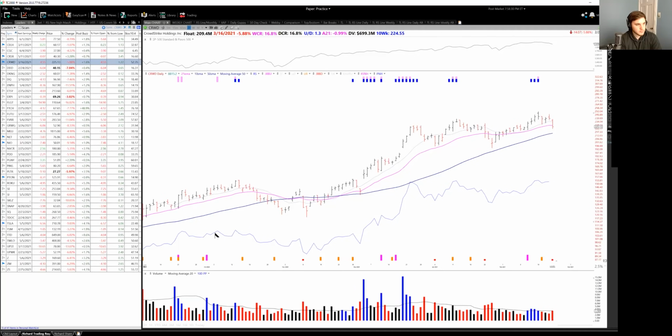Because even on a day like today, where a lot of us probably took a pretty good beating on our portfolios, I know I did, we still have to go out there tomorrow and do what the market tells us to do.